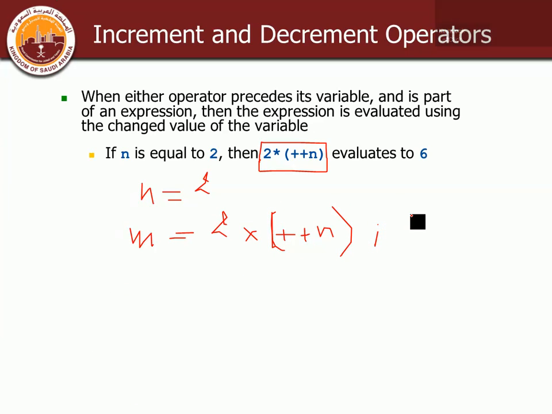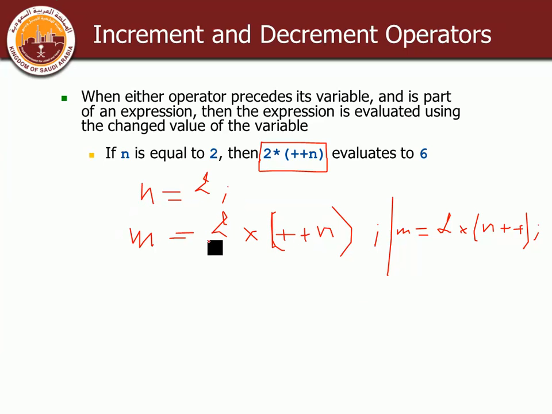This is the first scenario. The second scenario, I'm going to be using m is equal to 2 multiplied by n plus plus. Actually, it looks the same, but it's not the same. Let's understand.